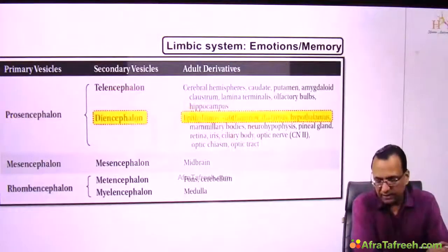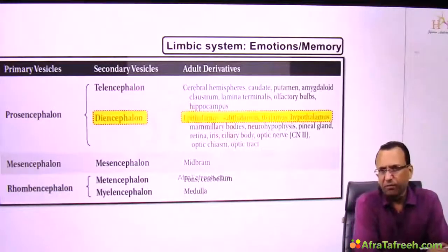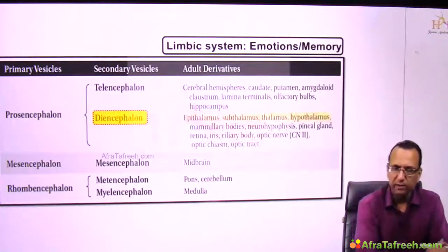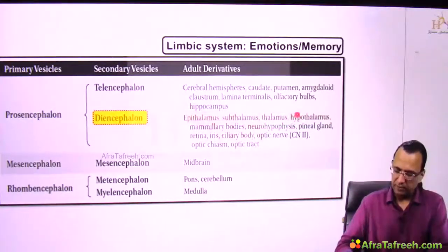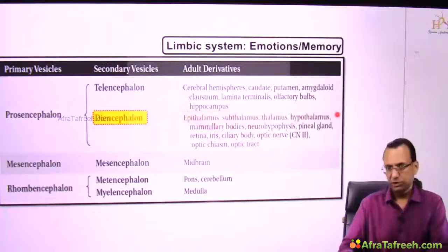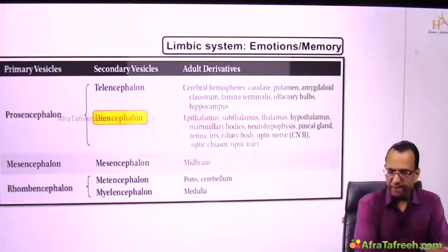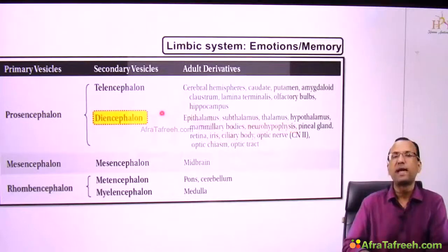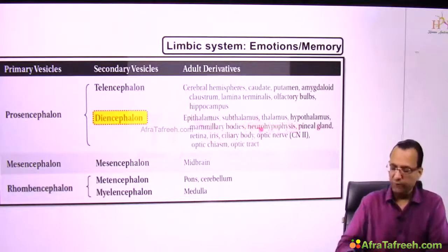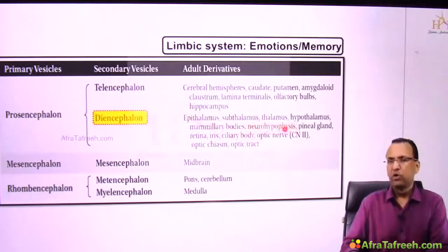Then what is in diencephalon? Diencephalon means the thalamus and related thalamus. What is related thalamus? It could be epithalamus, subthalamus, hypothalamus. Any thalamus is diencephalon. If you remember, we have told that the diencephalon part of the brain will have a downward extension to form the posterior pituitary, which is also called neurohypophysis.